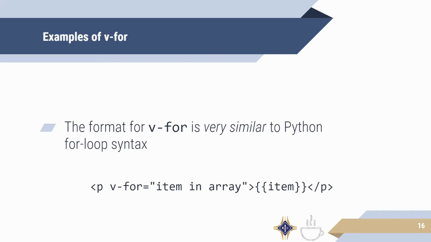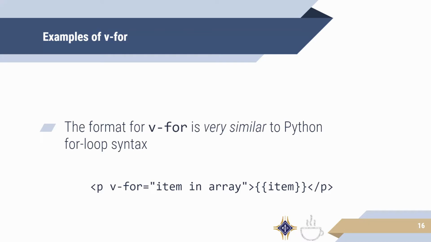Item will be some kind of item we store. An array is the name of the JavaScript array we have in the data part of our Vue instance. And with this, we can now use item anywhere within this tag and show things to the user, like display text or have an object be passed around or whatever you want to do.